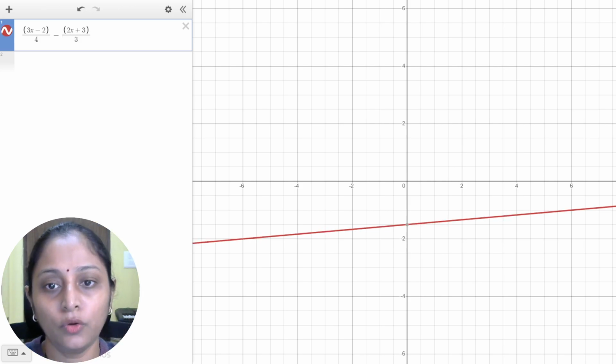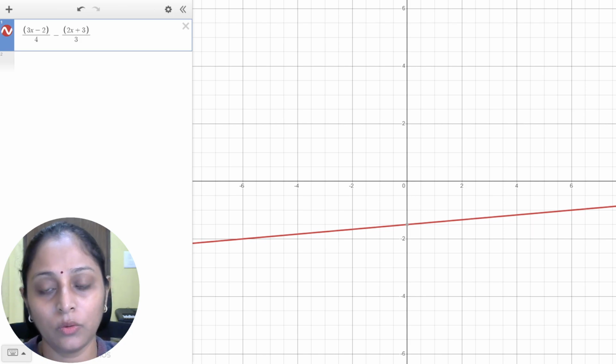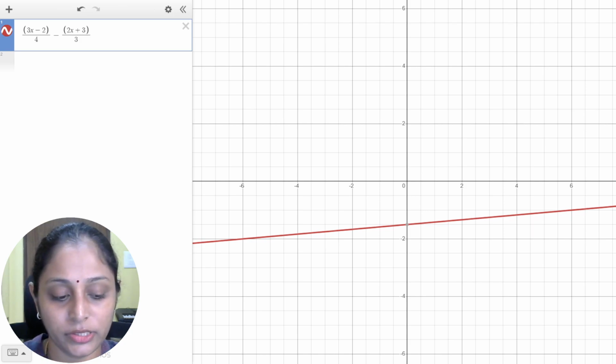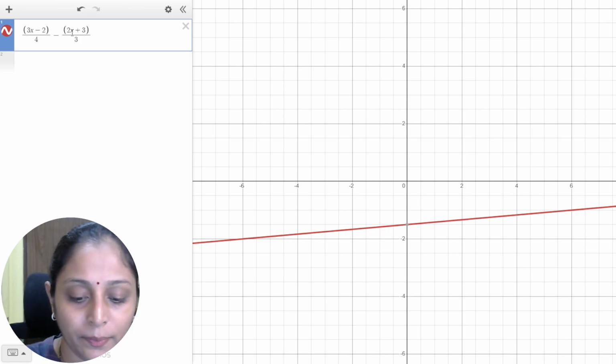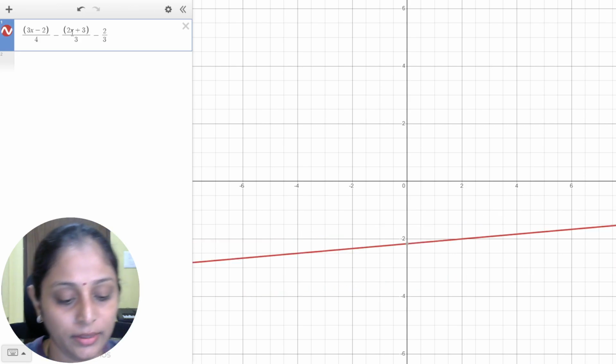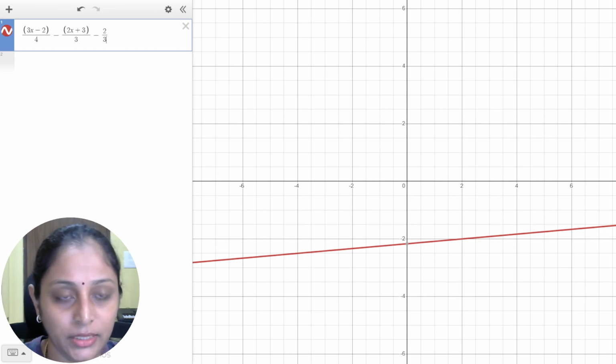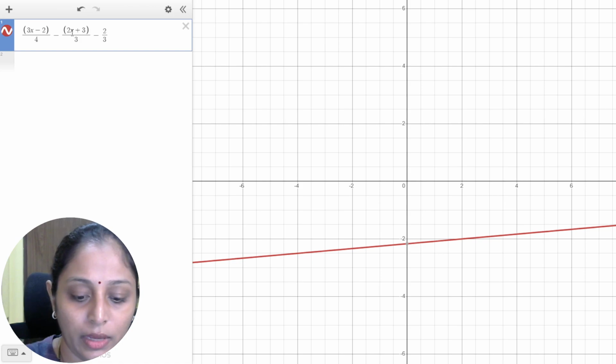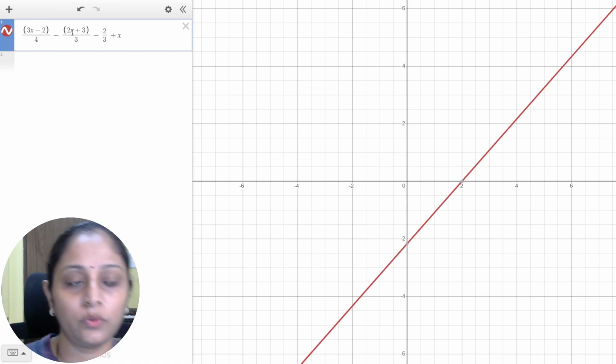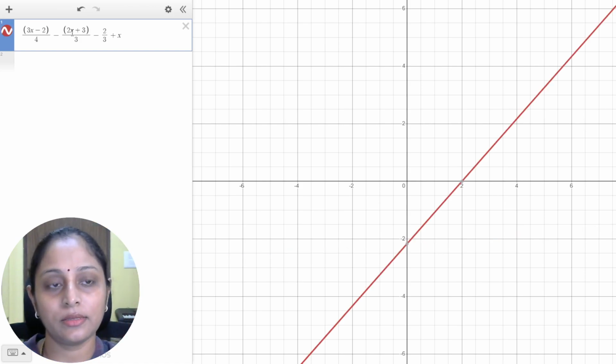Now equal to 2 by 3 minus t. Now this 2 by 3, if I bring to LHS, it becomes minus 2 by 3. So I'm going to write minus 2 by 3, and then minus t on RHS will become plus t, and here I have taken it as x, so that's it. This is the graph representing the equation in our fifth sum in 2.2.